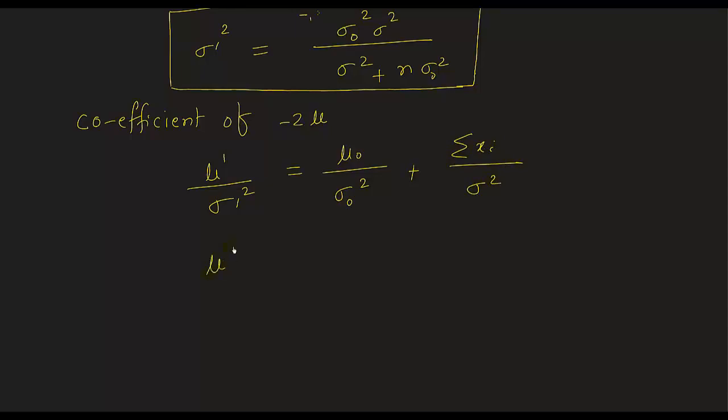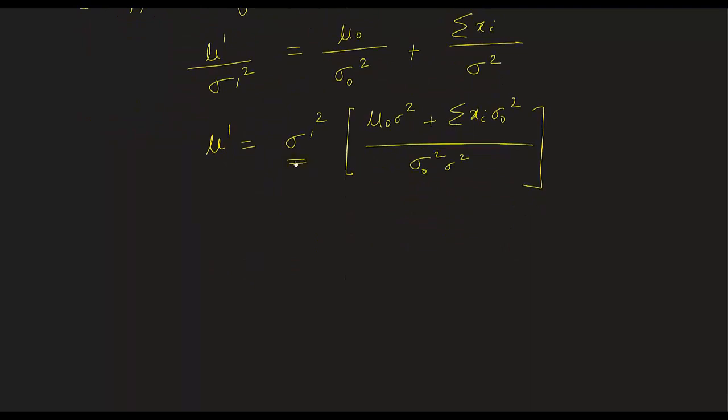Now if you calculate this, this will be sigma dash square, and then I can take the LCM here, that is sigma naught square sigma square. So mu naught sigma square plus summation xi sigma naught square, and we already calculated sigma dash square in the previous case, so we can plug that value here. So this is sigma square sigma naught square divided by sigma square plus n sigma naught square, that is the value of sigma dash square that we calculated in part 1, by equating the coefficient of mu square.